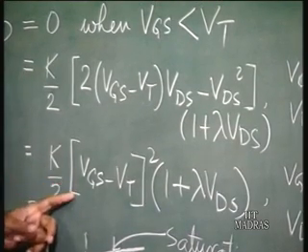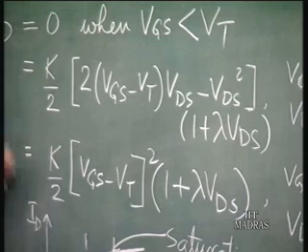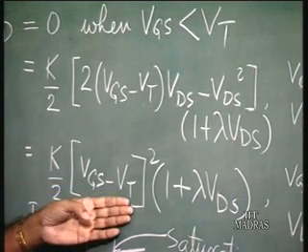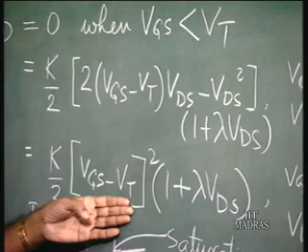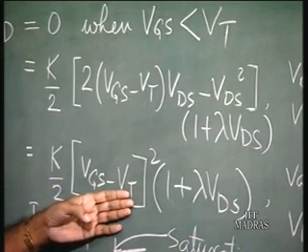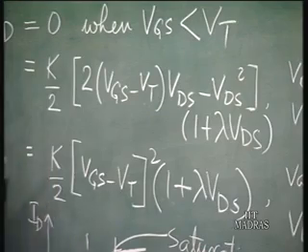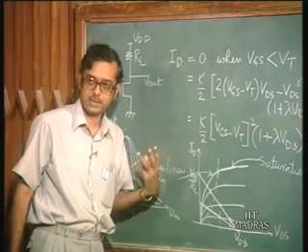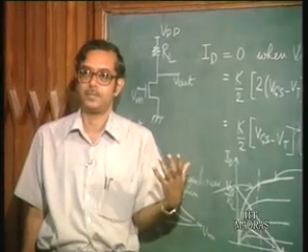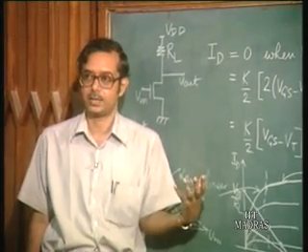If you just differentiate with respect to VGS, you get K (VGS minus VT). GM is equal to K (VGS minus VT), which means that GM depends on VGS. So the larger the gate to source voltage, the larger is GM, the transconductance.